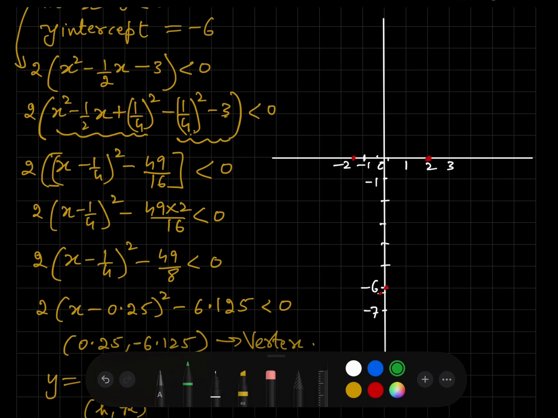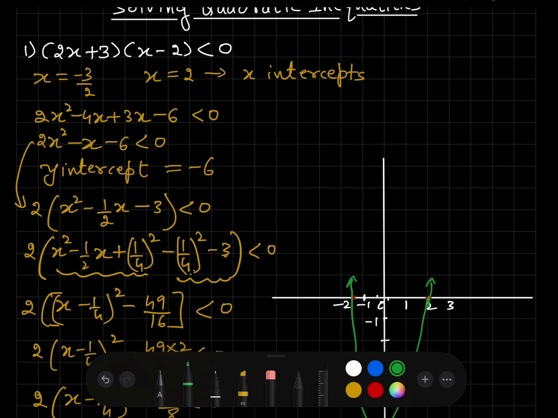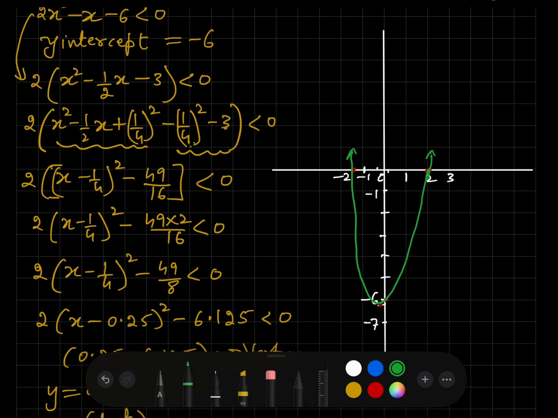Now let us join them. So our graph goes like this. This is our graph. Now our inequality is 2x plus 3 times x minus 2 less than 0. So where is it less than 0? It is less than 0 from negative 1.5 to 2.